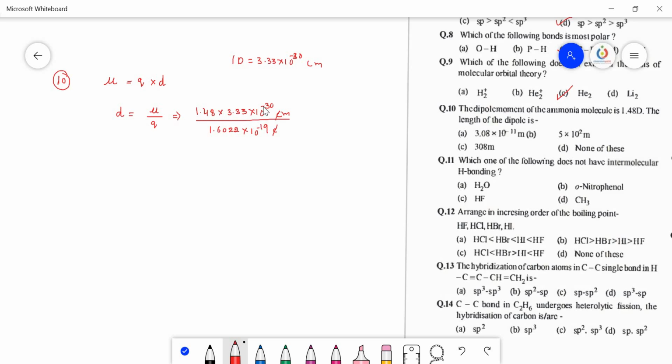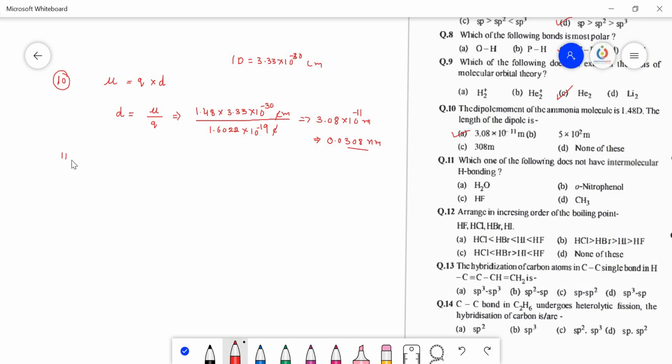Coulombs cancel out, so we will get the length in meters. The value is approximately 3.08 into 10 power minus 11 meters. If you convert into nanometers, that shall be 0.0308 nanometers. So option A is correct.